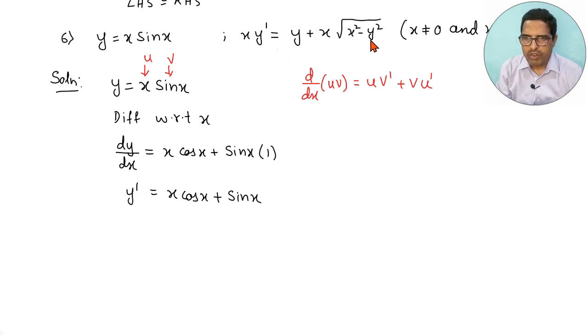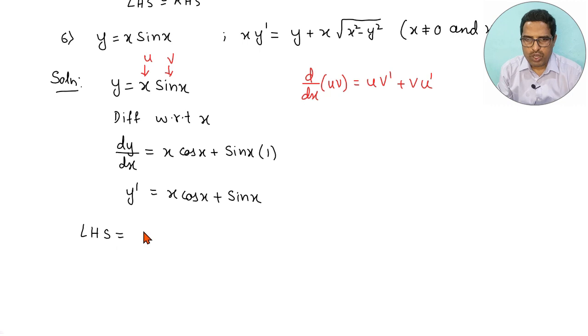Now we need to verify this given differential equation. On the right hand side, getting this square root of x square minus y square using the left hand side is a bit difficult. So we'll find the left hand side separately, find the right hand side value separately, and then verify LHS and RHS. Now we'll start with the LHS value.